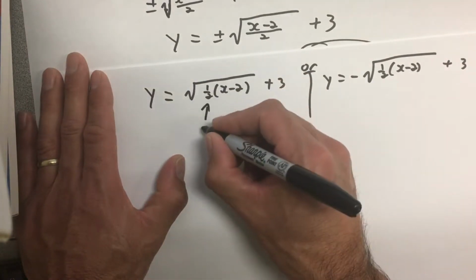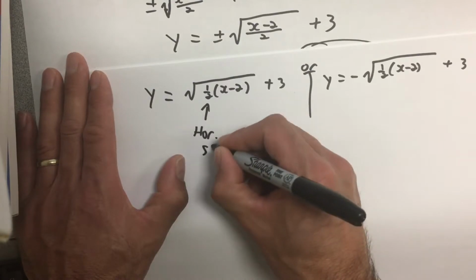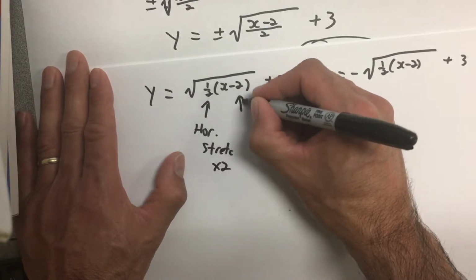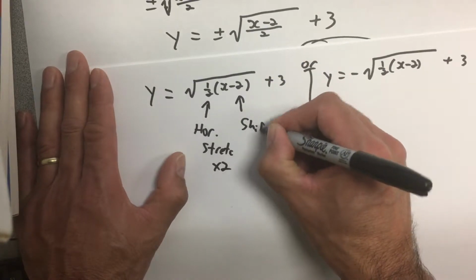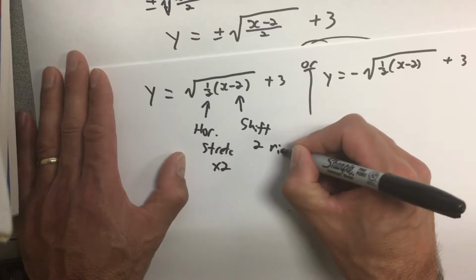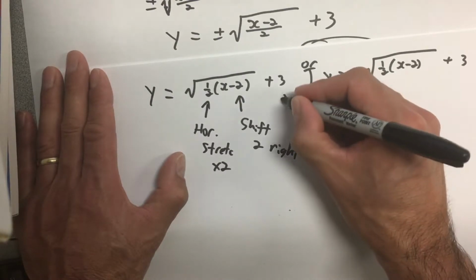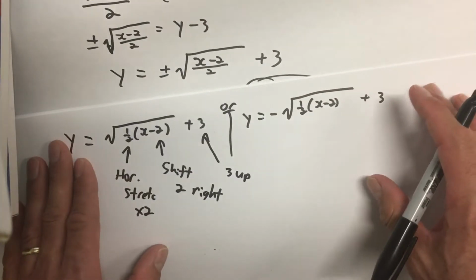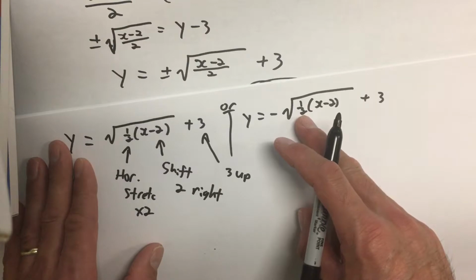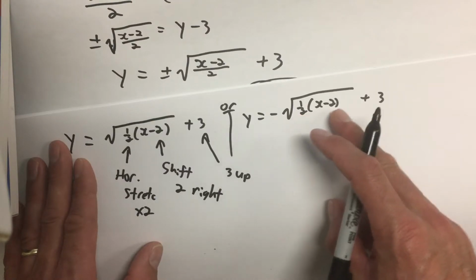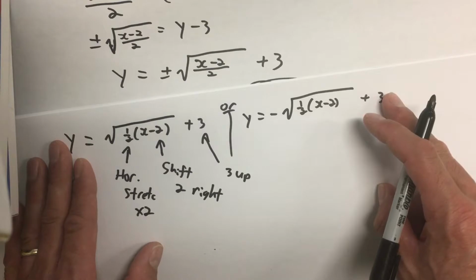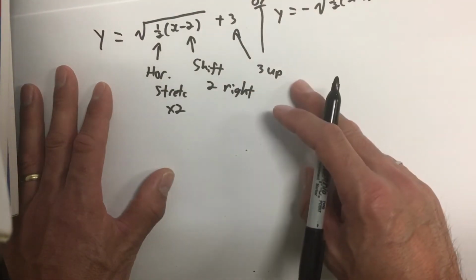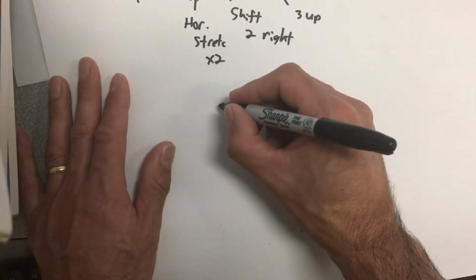This is a horizontal stretch by a factor of 2. This is a shift 2 to the right. And this is a shift 3 up. Likewise here, this is a horizontal expansion by a factor of 2, a shift of 2 to the right, and a shift of 3 up. So these are various transformations that are applied to the base function root x.